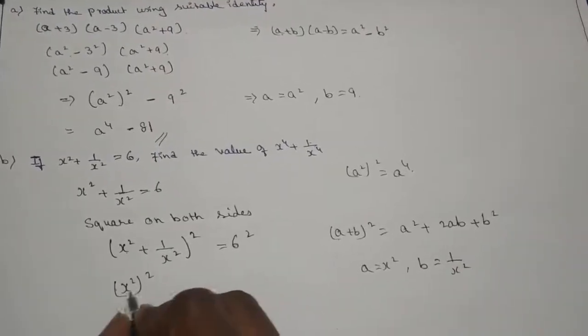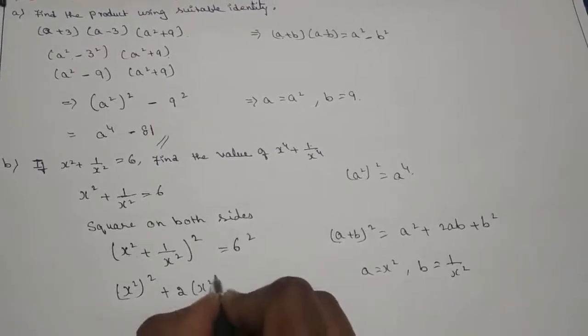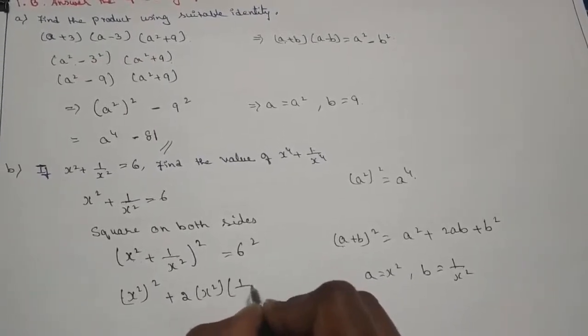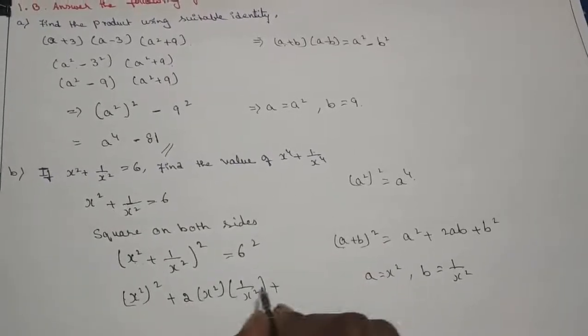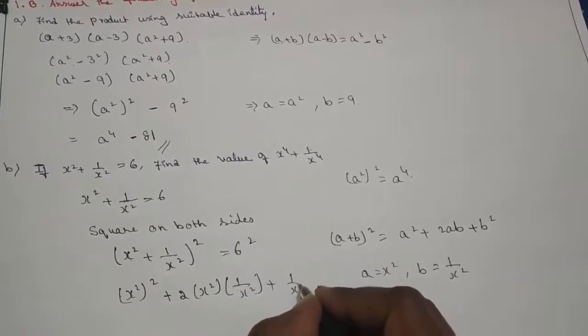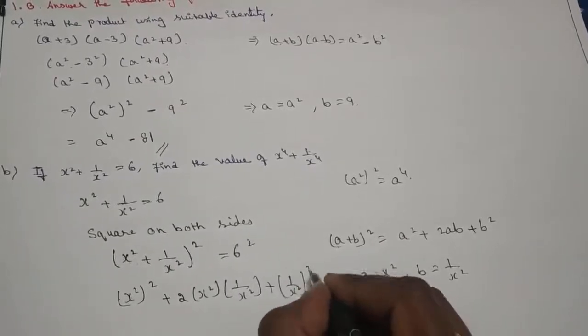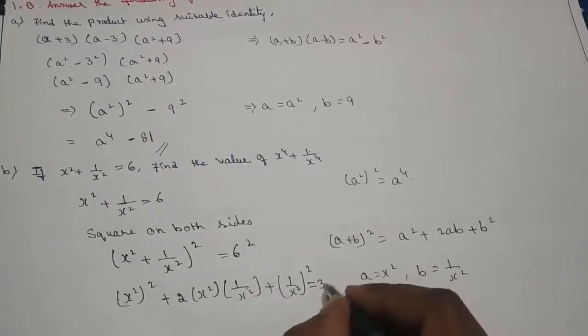Then a square plus 2, a value is x square and b value is 1 by x square, plus, that is a square plus 2ab plus b square, that is (1 by x square) whole square, is equal to 6 square, which is nothing but 36.